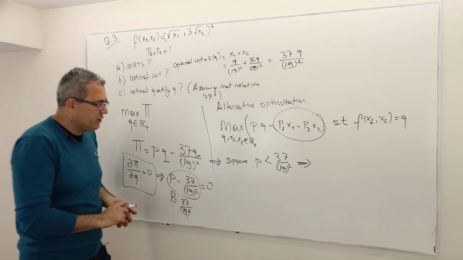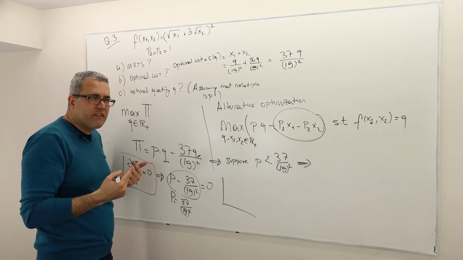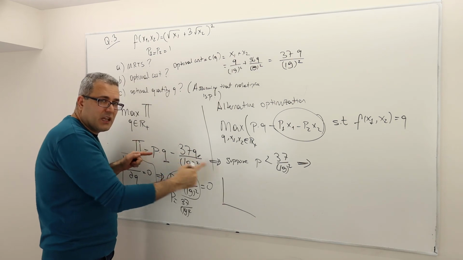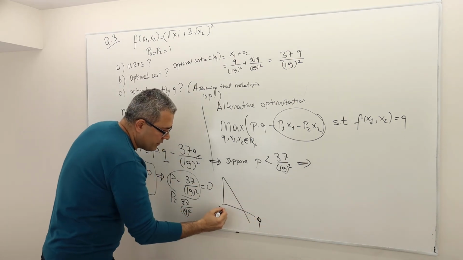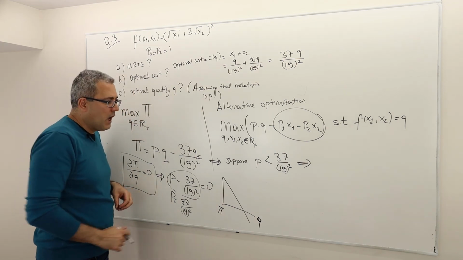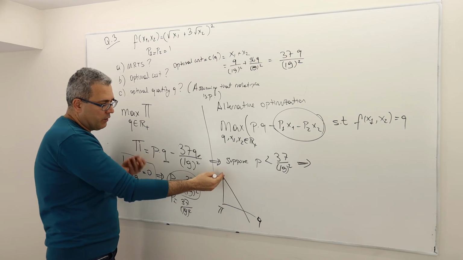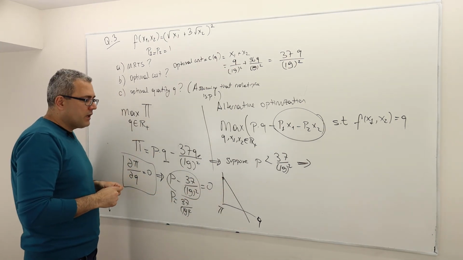This profit function, remember, is a linear function, and its derivative is negative, which means it has a negative slope, which means this straight line is a decreasing line. So this is Q, this is profit. This starting point doesn't necessarily have to be this; maybe it started from 0. I don't know.